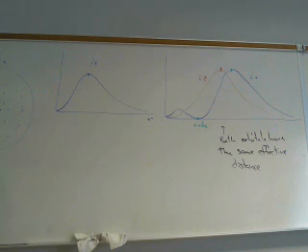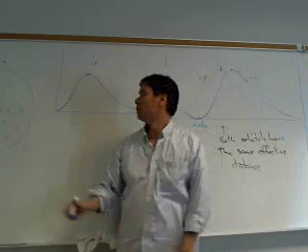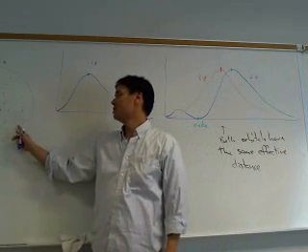Wait a minute. The electron cloud is more dense near the nucleus. No, it's thicker near the nucleus. This is a 2s orbital. The electron cloud is thicker near the nucleus. Why is the peak far from the nucleus? The peak is out here on the other side of the node.